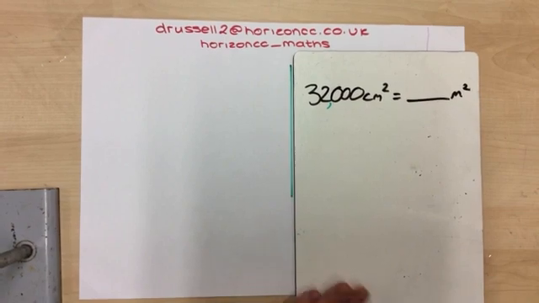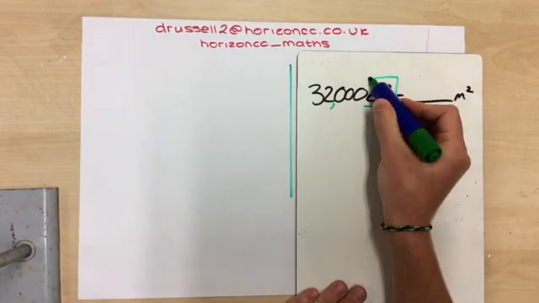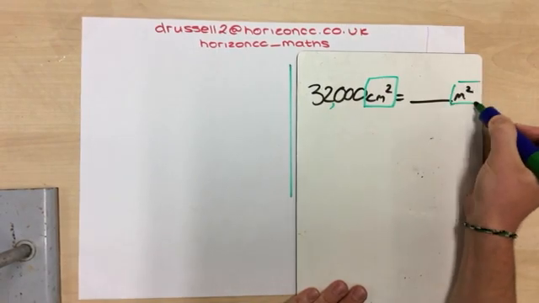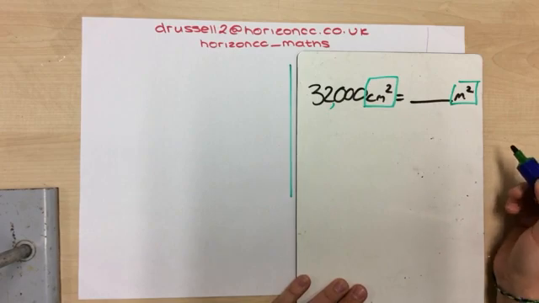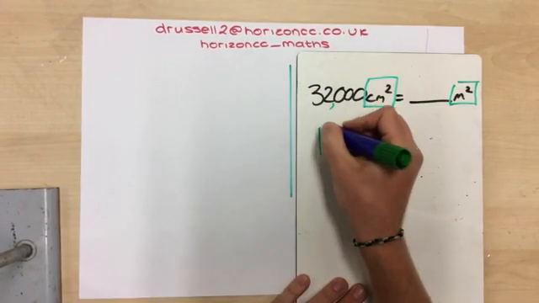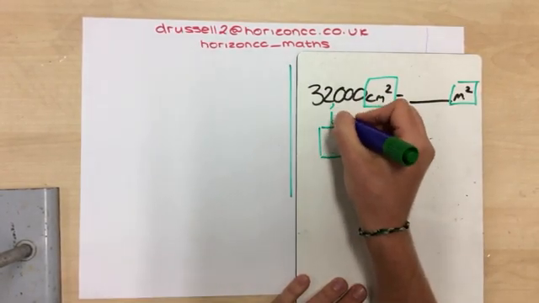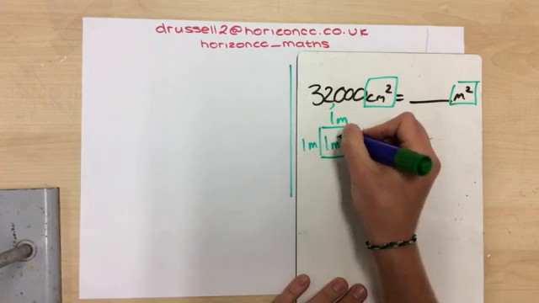Right, the fact I must remember in this is when I'm converting centimetres squared into metres squared, it is not a case of just dividing by 100, because that is what it is to go from metres to centimetres. If we considered a square that measured 1 metre by 1 metre, that will obviously be 1 metre squared.